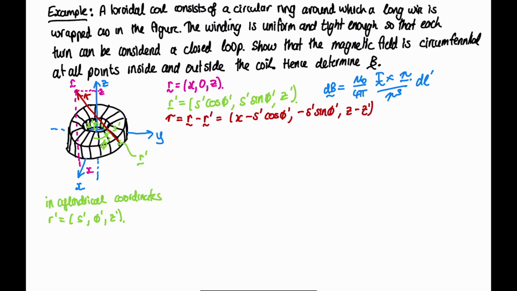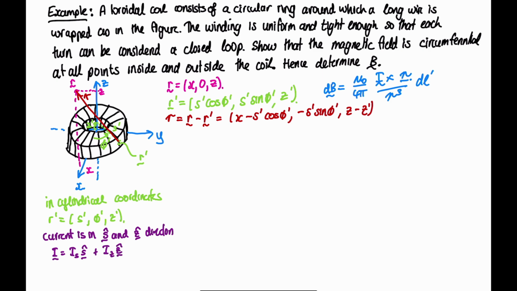So that tells us, we're running out of colors, let's go with purple for the current. So current is in the S and Z direction. So we can write that the current I is equal to I_S S hat plus I_Z Z hat.